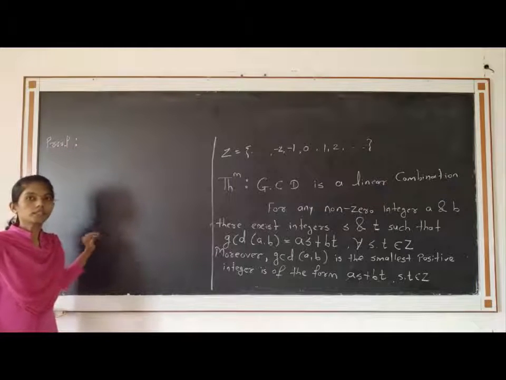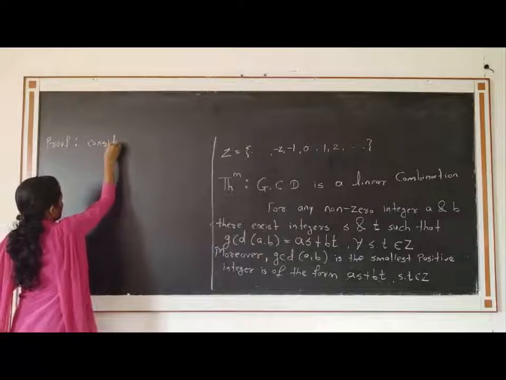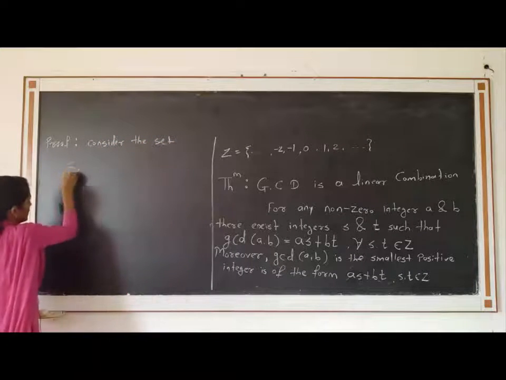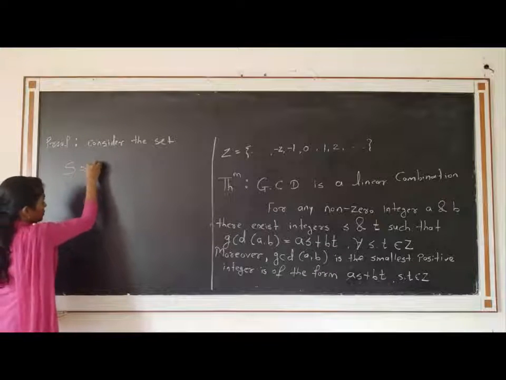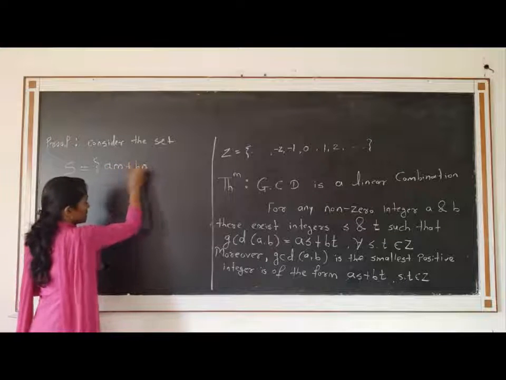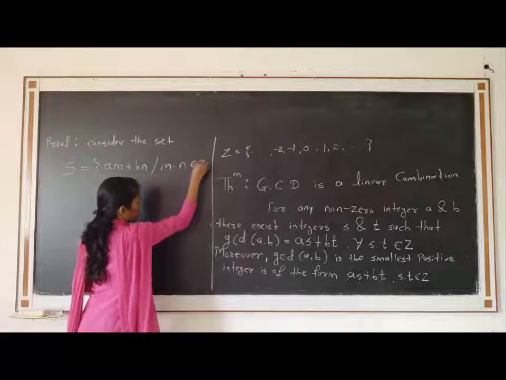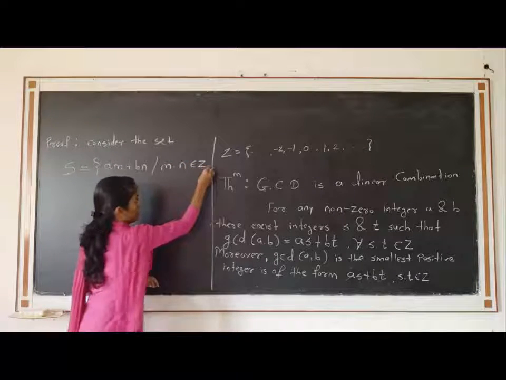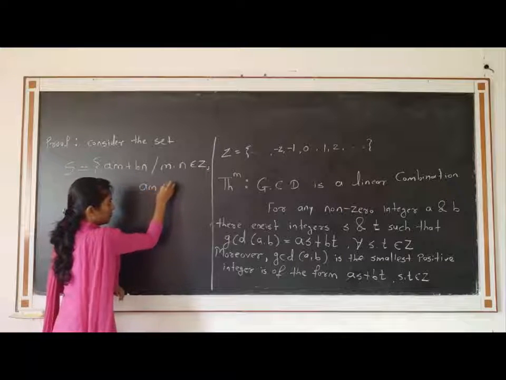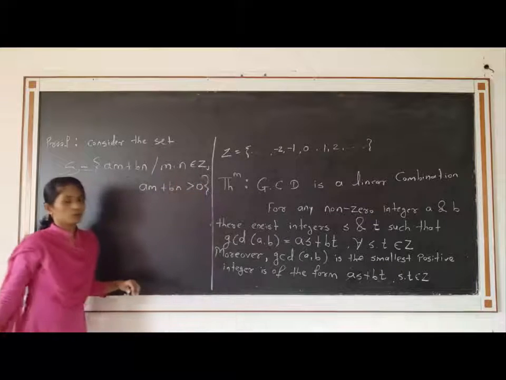So here we consider the set S equals to the elements of the form AM plus BN, as M and N belong to the set of integers, subject to the condition that AM plus BN is strictly greater than 0.